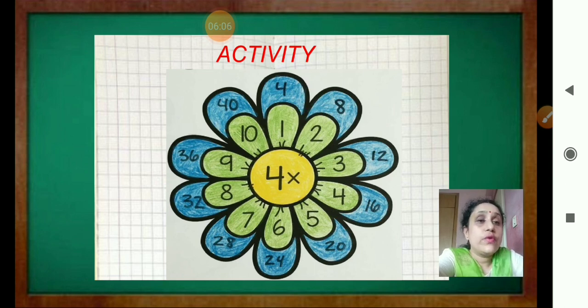So 4 ones are 4, 4 twos are 8, 4 threes are 12. Like this, you can end up with 4 tens are 40. Okay, you can do it now. So do it nicely. After we finish our class, then you will write the tables. Then you will do this activity. Understood?